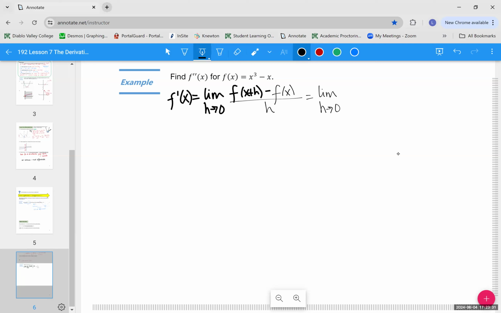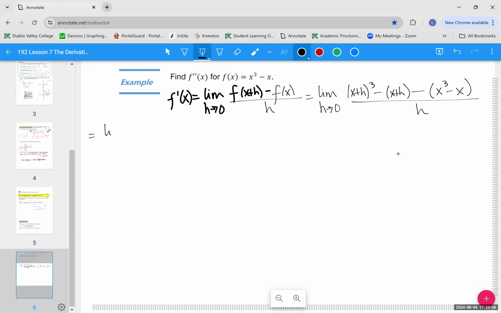I need to plug x plus h into the original function. So all of x plus h into here would be this. And then I need to subtract f of x, which is just that original function, all over h.